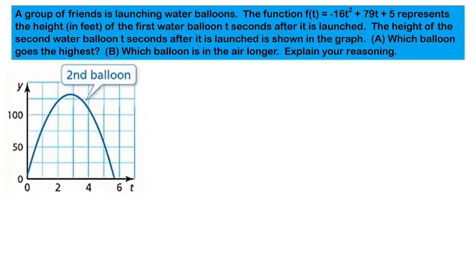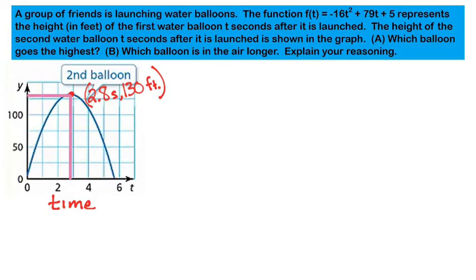So when we look at the graph, if we can estimate what the vertex is, the y-coordinate of the vertex will tell us our maximum height. Since our parabola opens down, it will have a maximum height equal to the y-coordinate of the vertex. You can see that I've estimated the vertex to be (2.8, 130).